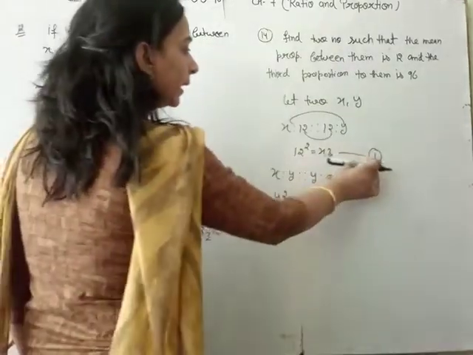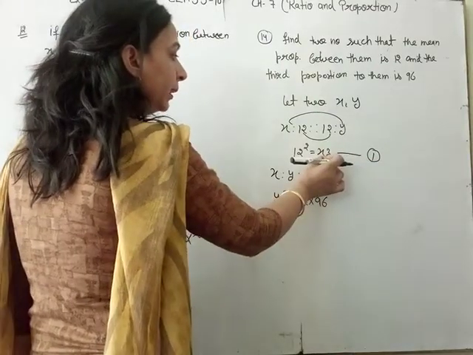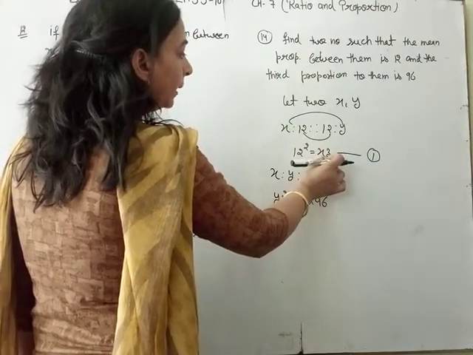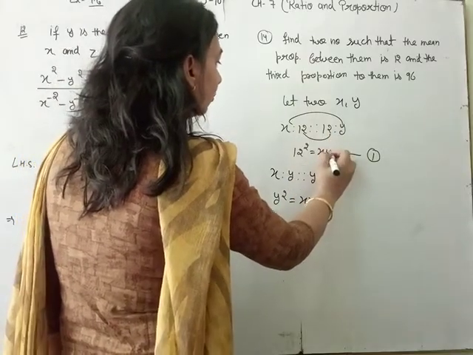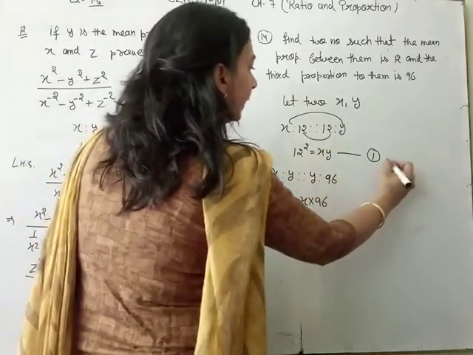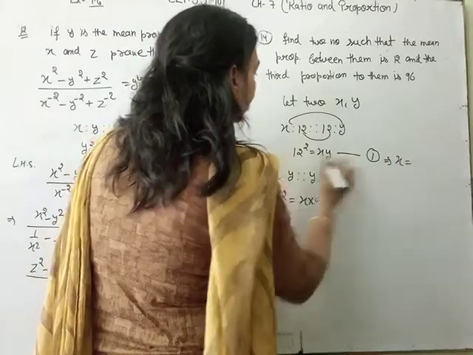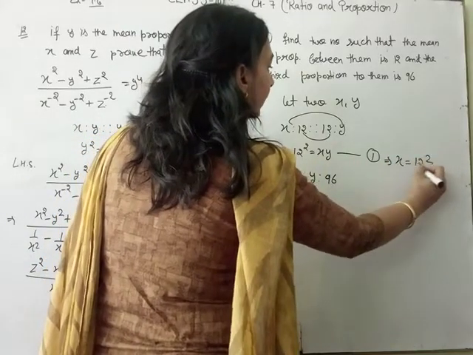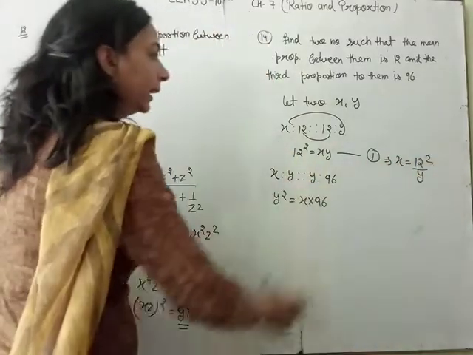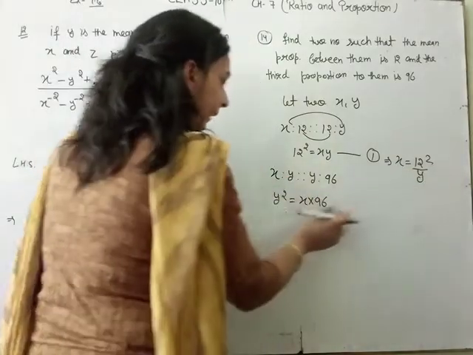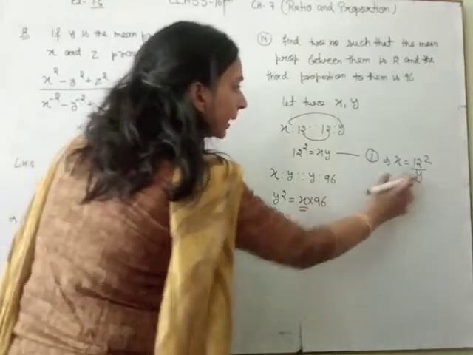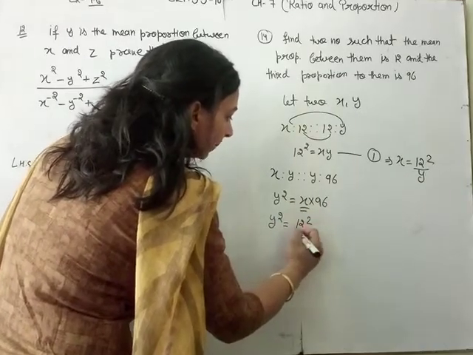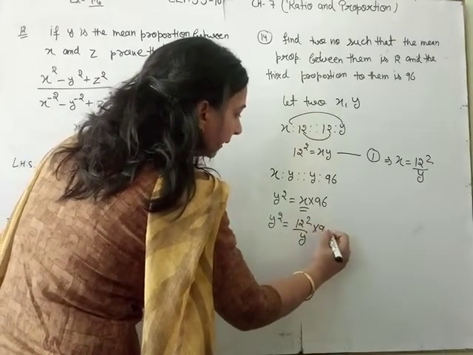Student, from condition first, we find the value of x. This implies that x equal to 12² divided by y. Okay. Then put the value of x in this equation. Then y² equal to, in place of x, 12² by y multiply 96.